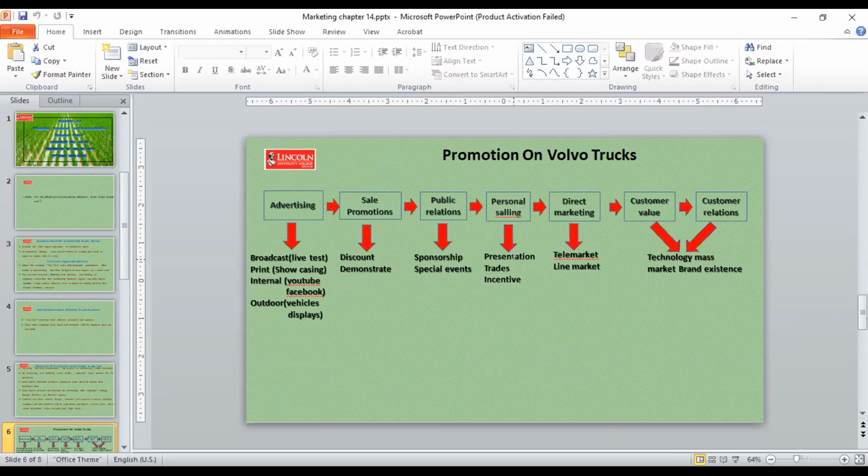Personal selling: presentation, incentive, and others. And direct marketing, telemarketing, and customer value and customer relationships, which highlights technology, mass market, brand assistance.